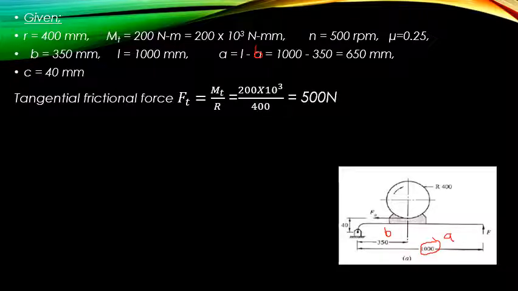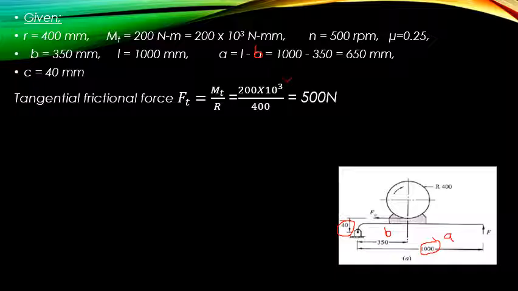As well as the distance from the Ft to the fulcrum, that is denoted by small c, that is 40 millimeter from the figure. Now the tangential braking force, that is Ft, is given by the torque divided by the radius.